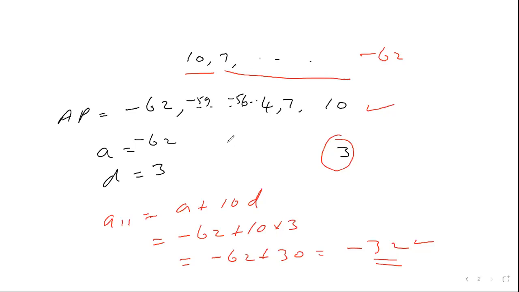If you understood, please tell me yes, otherwise I will explain again. Sir, last to first, right? Yes, last to first. So we should take A is equal to 10 and D is equal to minus 3, no?